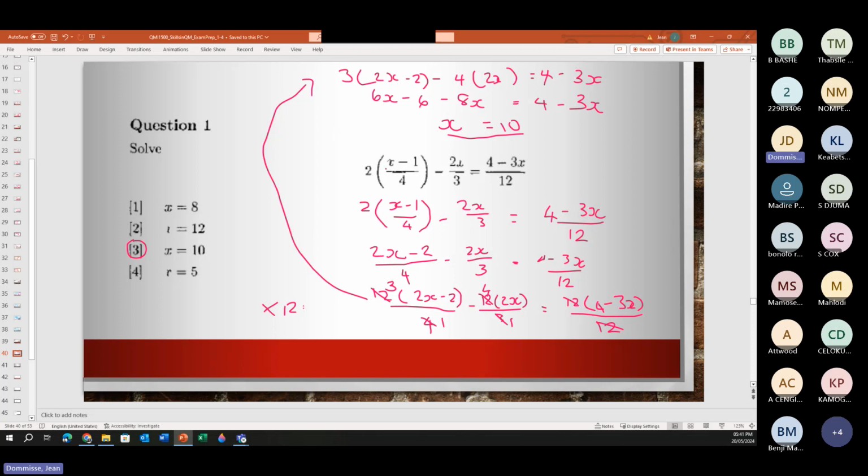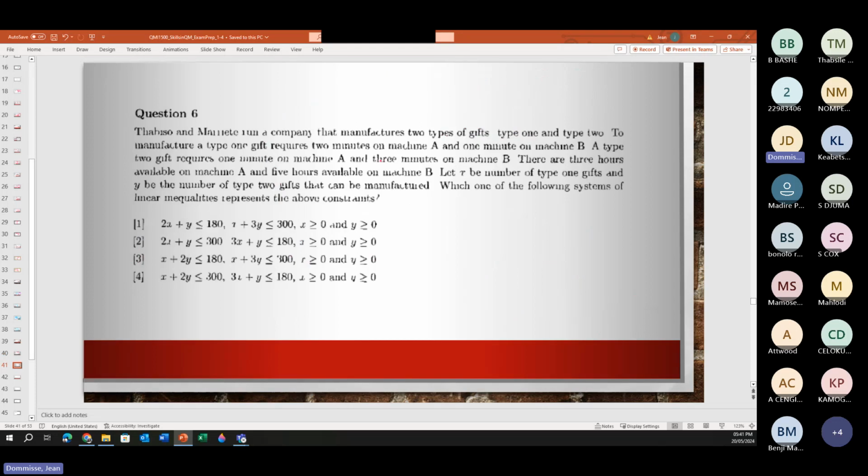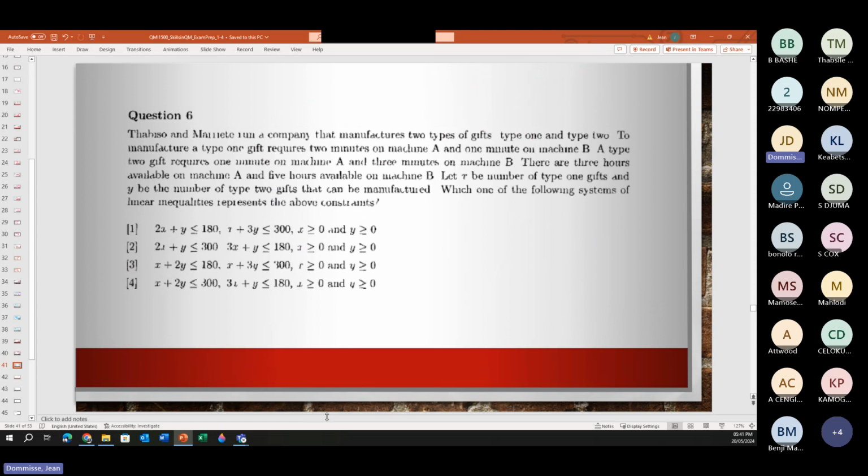Okay, let's see the next question. Now we have a bit of inequalities with a bit of linear programming. So Tobiso and I assume Mamete run a company that manufactures 2 types of gifts, type 1 and type 2.